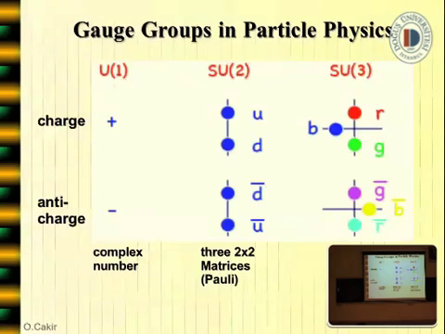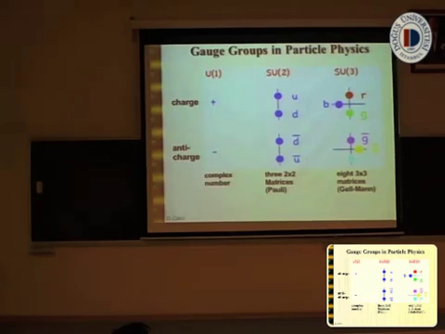Okay, in particle physics, we group the particles in some symmetry rules, for example, U1, SU2, and SU3. Quarks are grouped according to the SU3 group and also to the SU2 group.